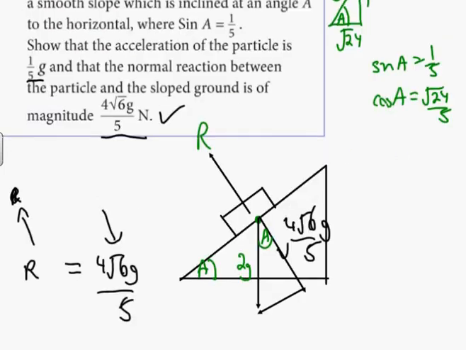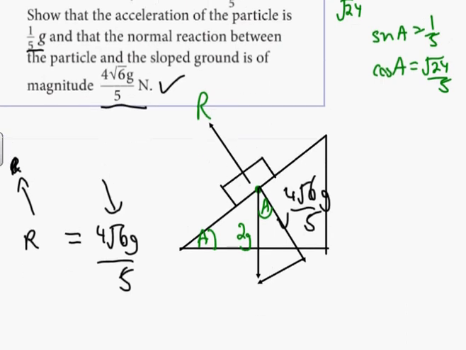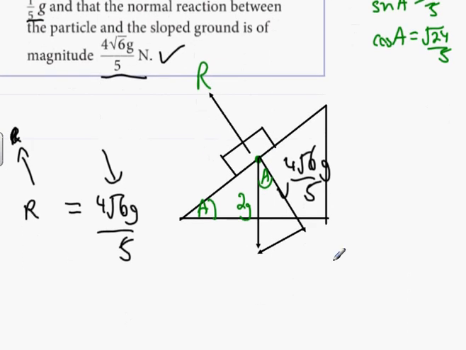Now next thing is prove that the acceleration of the particle is g over 5. Well, this here is g sine A. g sine A is the component of the weight that's driving it to accelerate down the hill there. Okay, so 2g sine A. 2g sine A is a fifth, so it's going to be 2g over 5.